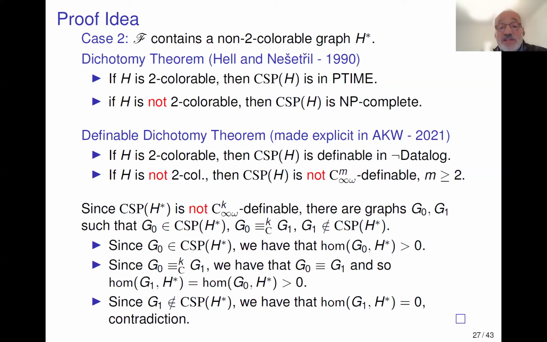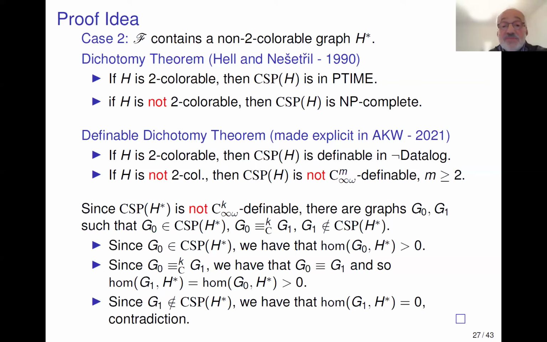Now, once we have this result, we can finish the proof. We have assumed that the class F contains a graph which is not two-colorable. So we grab this graph H which is not two-colorable. By the definable dichotomy theorem, the CSP problem with respect to this graph is not definable with K variables and counting quantifiers.